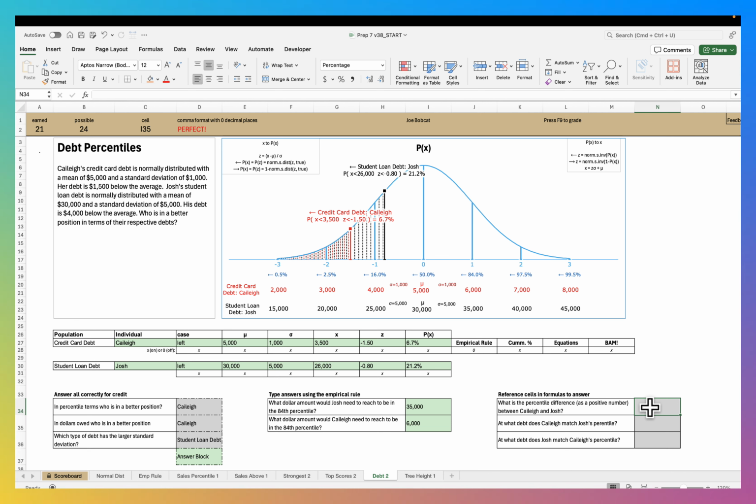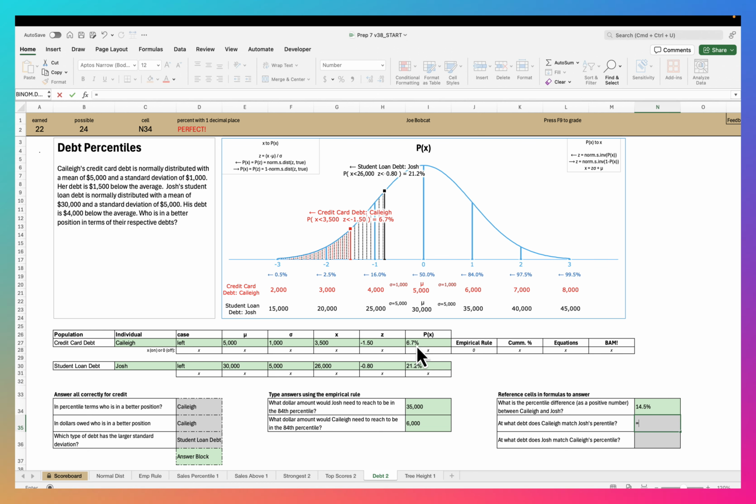What's the percentile difference between Kaylee and Josh? So we want a positive number, so we'll take Josh minus Kaylee.